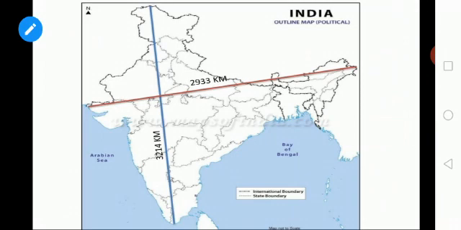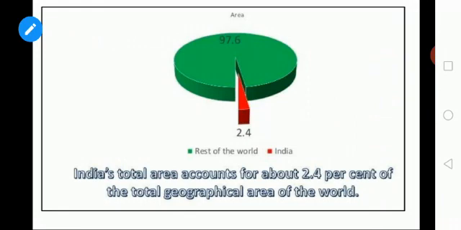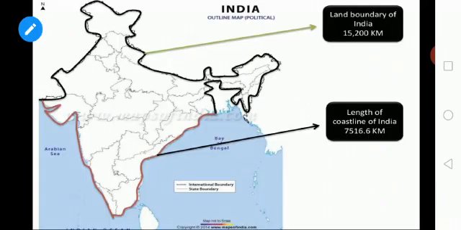So the stretch from north to south covers 3214 kilometer, and from east to west it covers 2933 kilometer. So India's total area accounts, as I already told you, for 2.4% of the total geographical area of the world. So the next one, the land boundary of India.